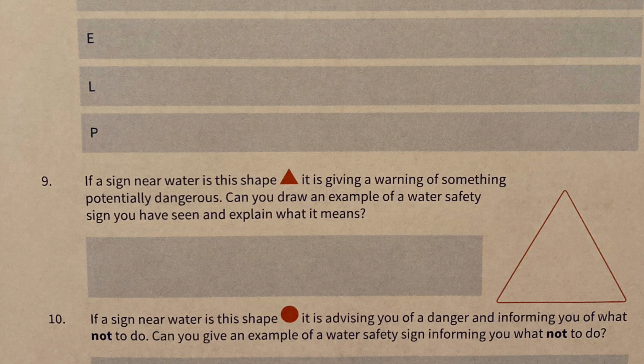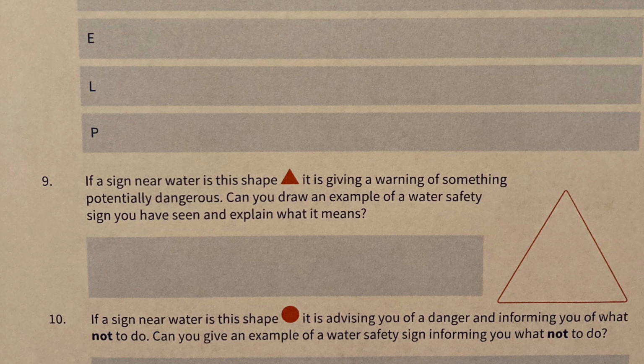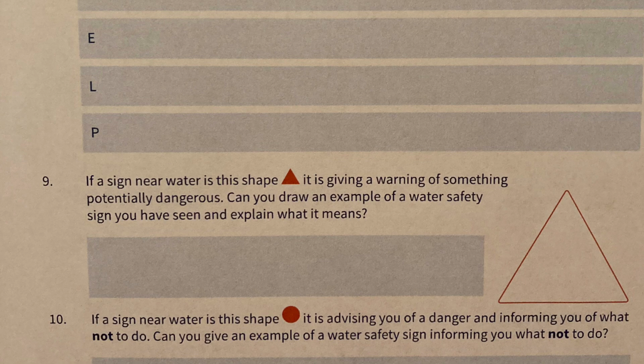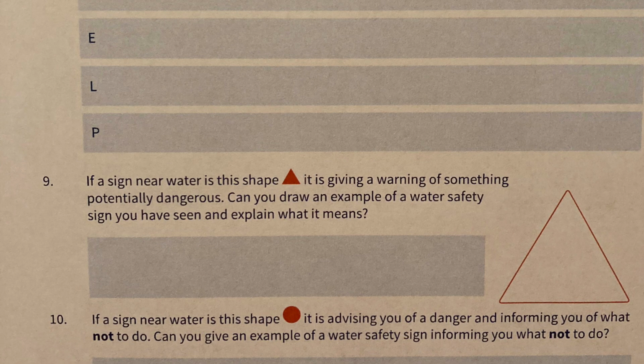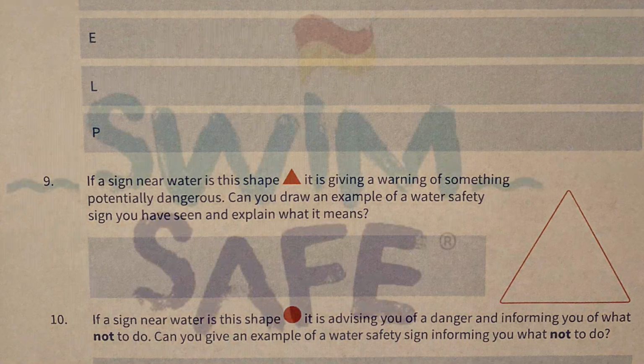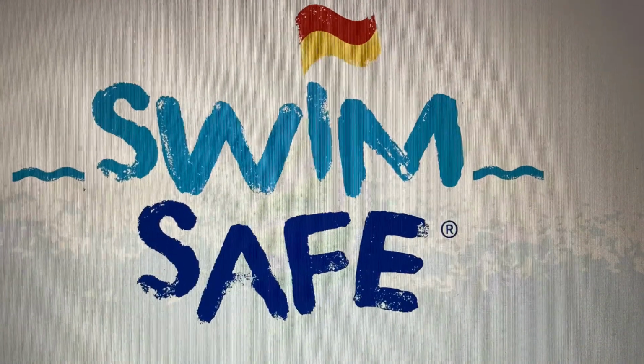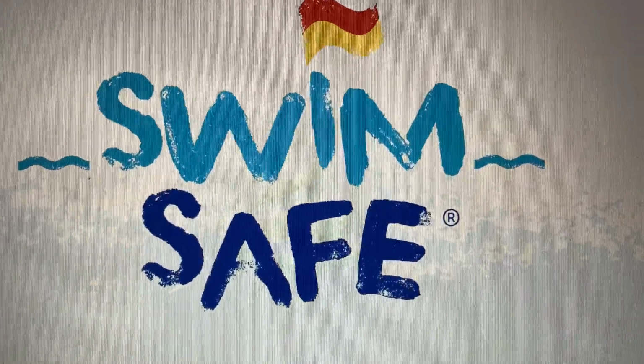And finally, number 10. If a sign near water is the shape of a circle, it is advising you of a danger and informing you of what not to do. Can you give an example of a water safety sign informing you what not to do? Well done. That concludes the test.